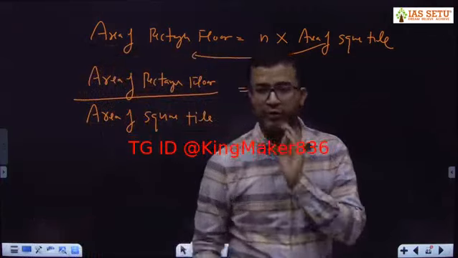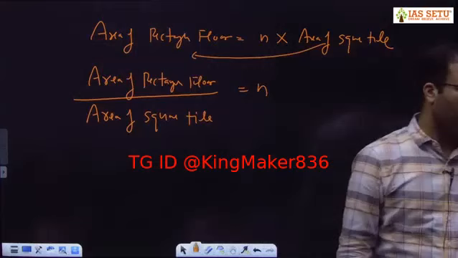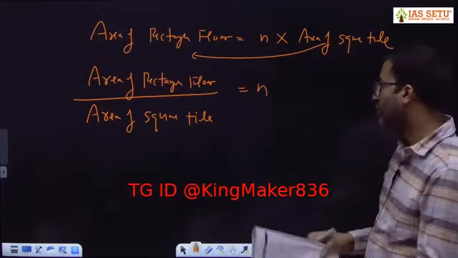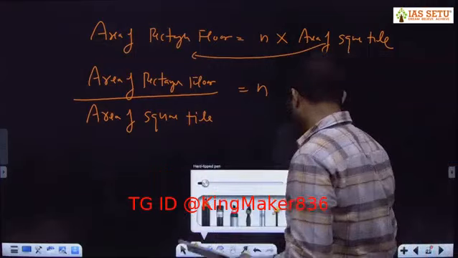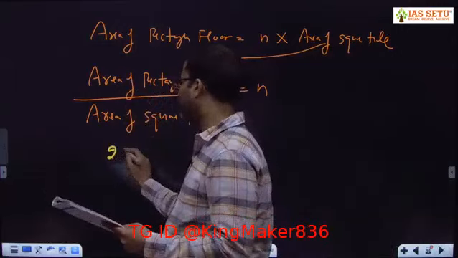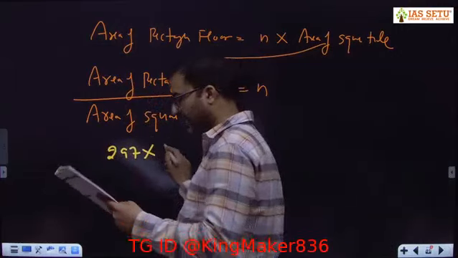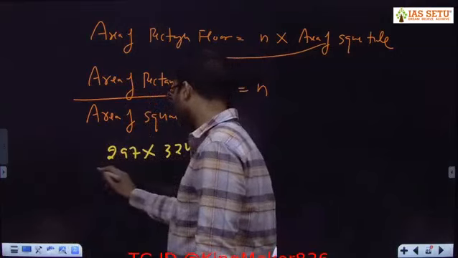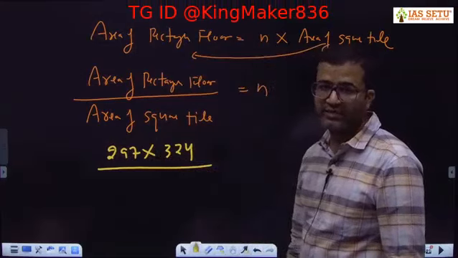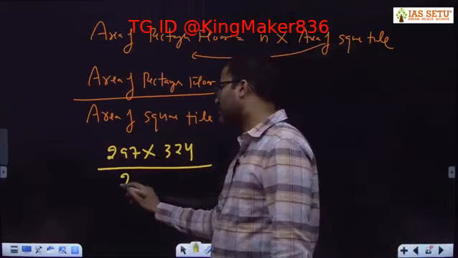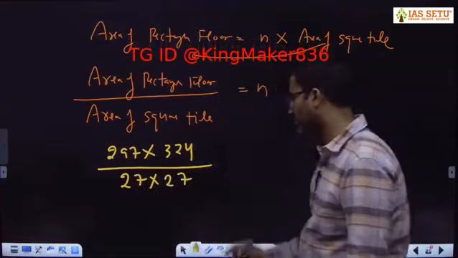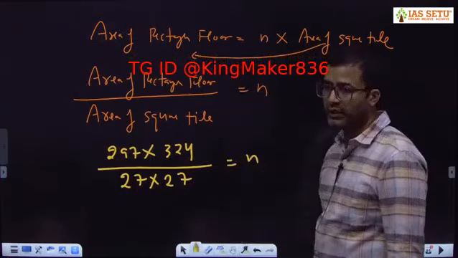If we have to find number of tiles, one which is given in handout, here I find number of tiles required. Dimensions, area of rectangular floor is 297 centimeter by 324, and if you check HCF is coming 27 centimeter, so our size of the tile is coming 27 by 27. You solve this, you get number of tile required.